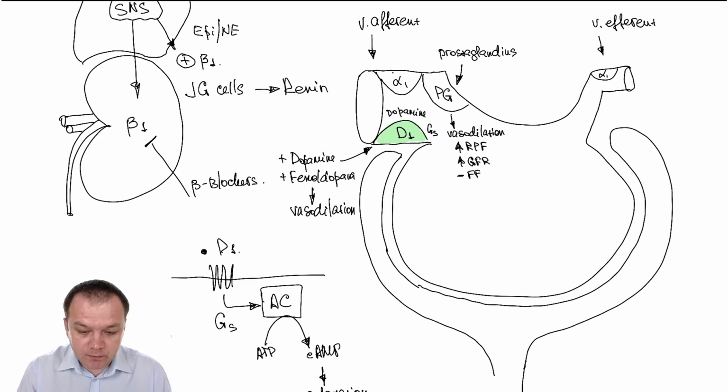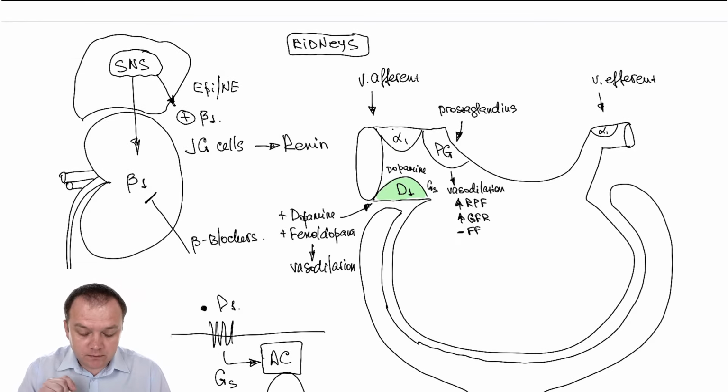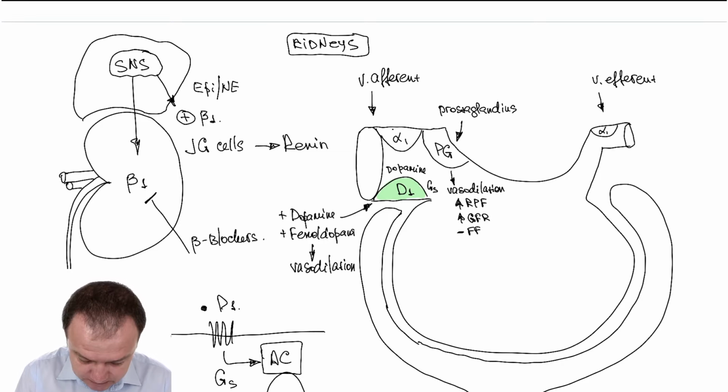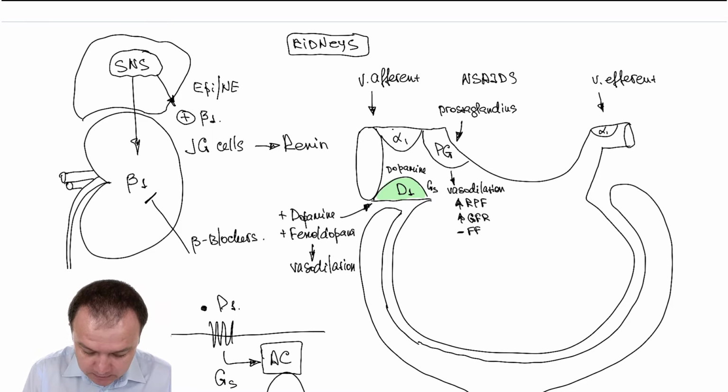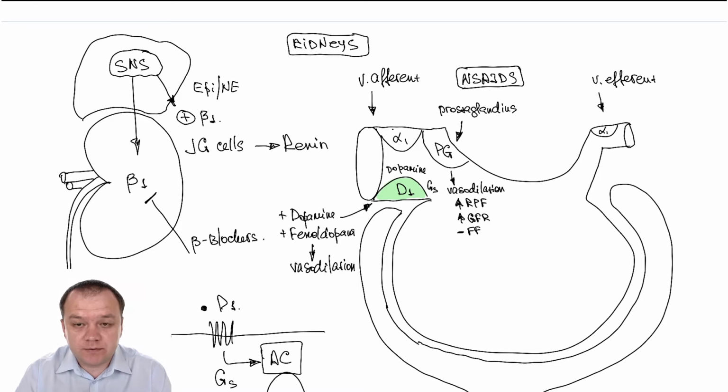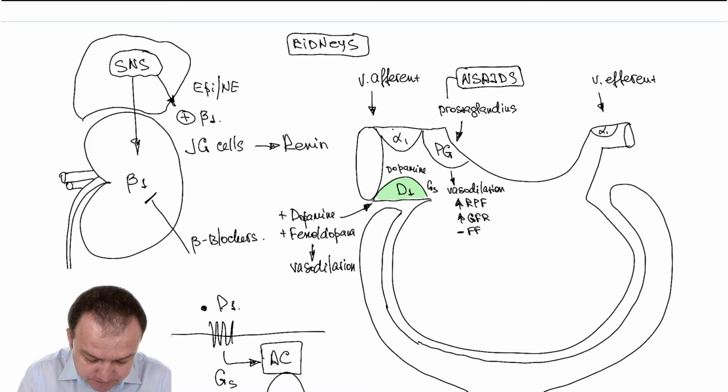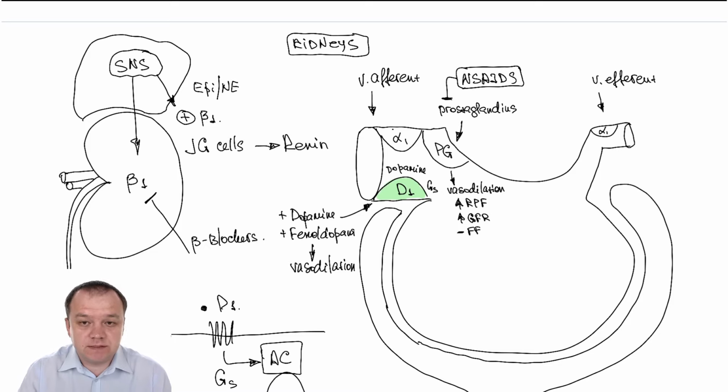What is important is that a patient who has taken non-steroidal anti-inflammatory drugs, NSAIDs, like aspirin, like ibuprofen, and others, may have hypertension. What is the genesis of this hypertension? We know that NSAIDs block prostaglandin synthesis, because we have two pathways.